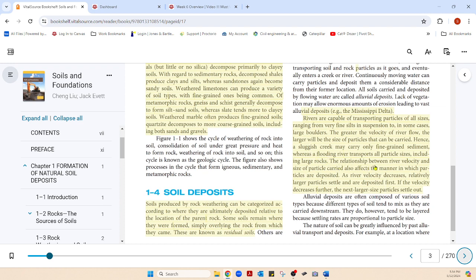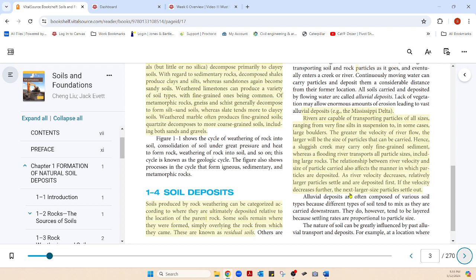So the relationship between river velocity and the size of particle carried also affects the manner in which particles are deposited. And that has to do with the speed of the flow. As the river velocity decreases, relatively larger particles settle quicker and are deposited first.